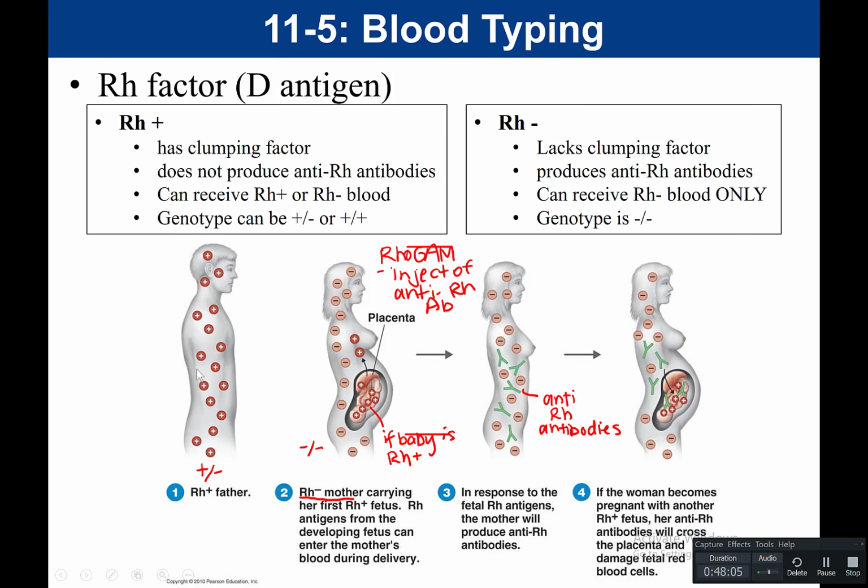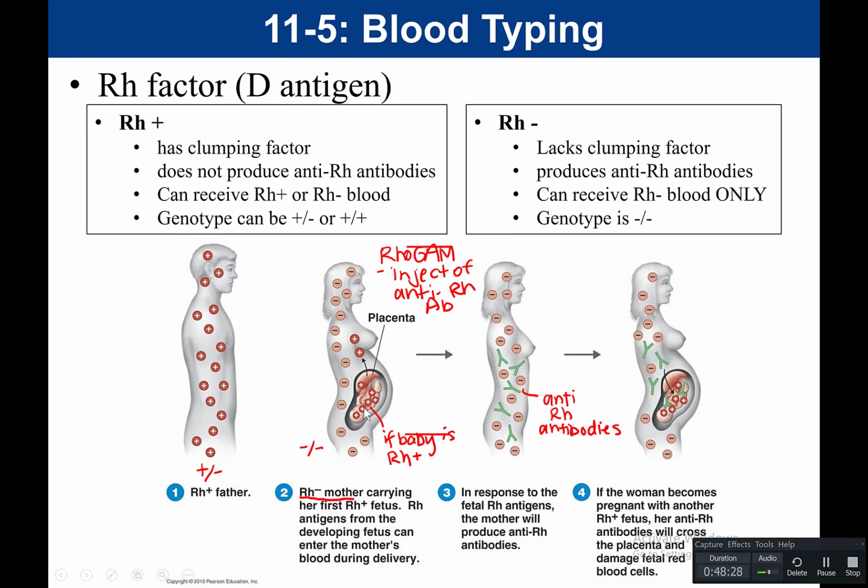And so in this example, I gave an example of this Rh incompatibility for a female who is pregnant. And that is if the mother is Rh negative, right? If mother is Rh negative, and let's say father is Rh positive, it's possible that baby could be Rh positive as well.